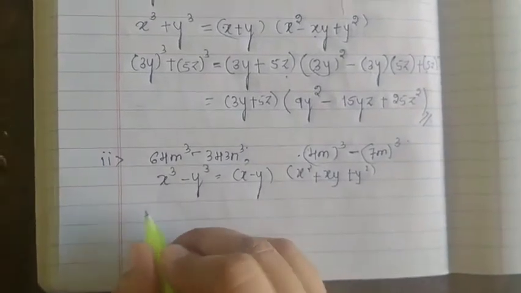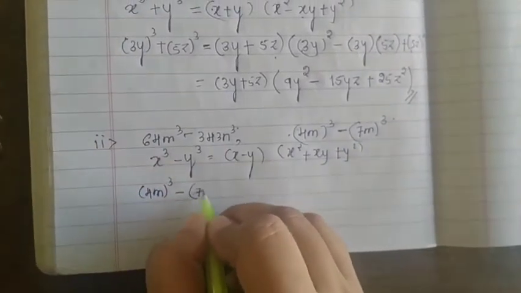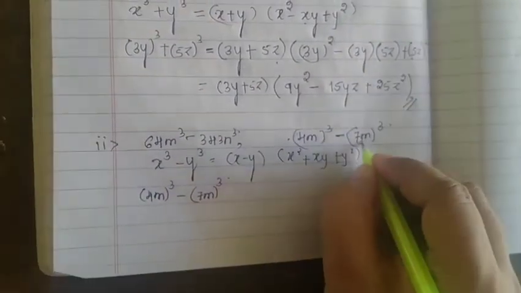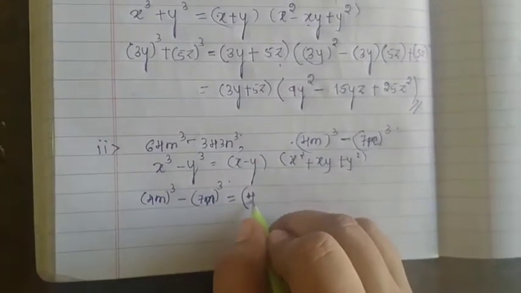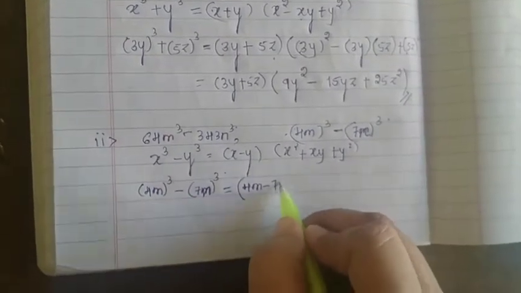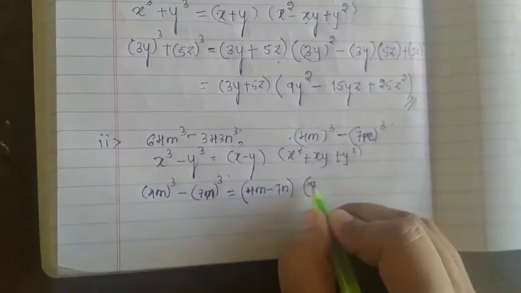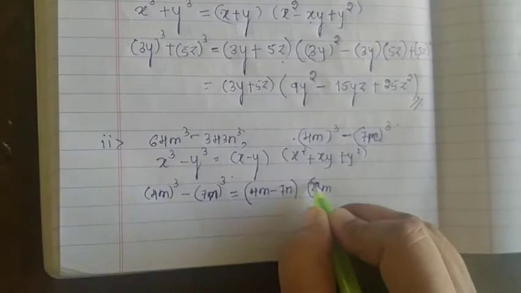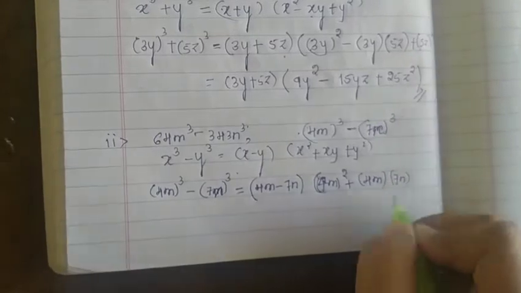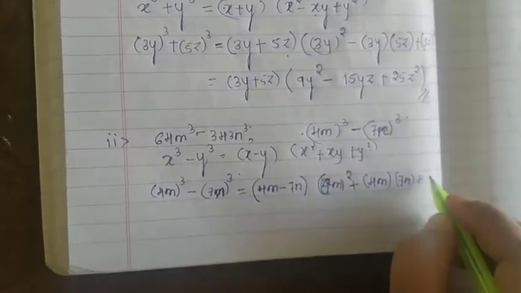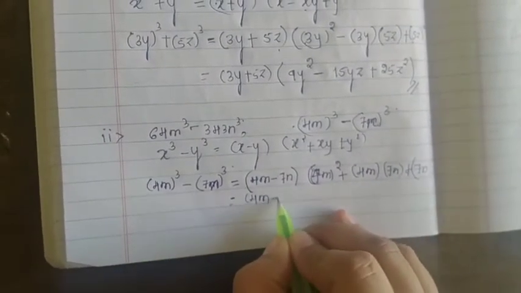So in place of x here we have 4m, and in place of y we have 7n. So this will be equal to (4m minus 7n) into ((4m) the whole square plus 4m into 7n, because x into y is there, plus (7n) the whole square). So this will be equal to 4m minus 7n.